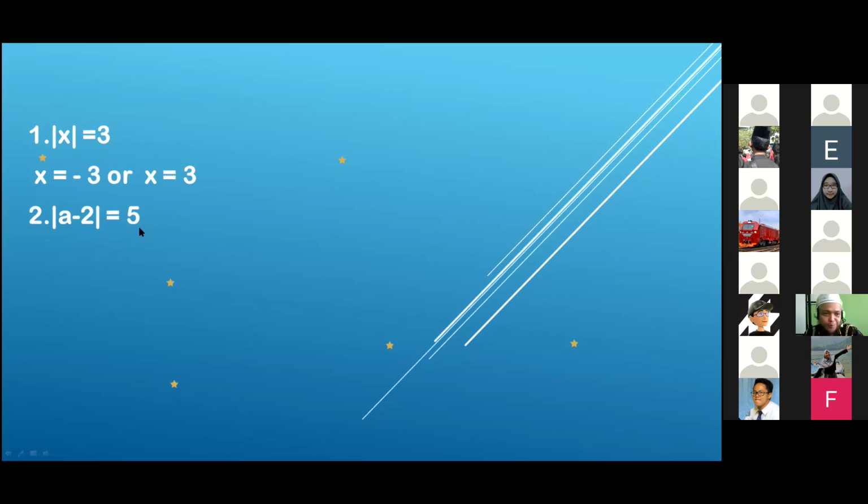Now let's go to the next problem. Is A minus 2 negative or positive? It may be negative or positive.